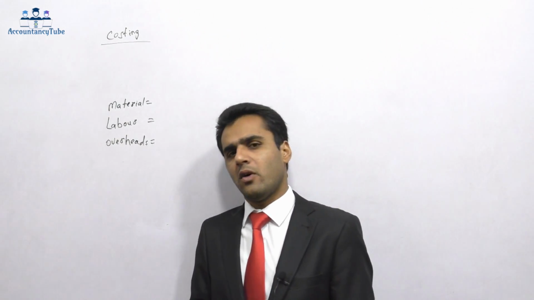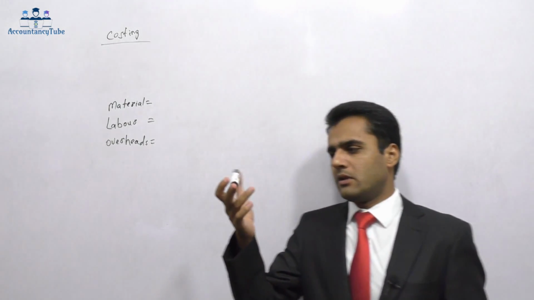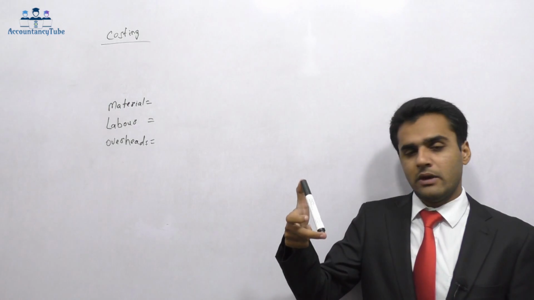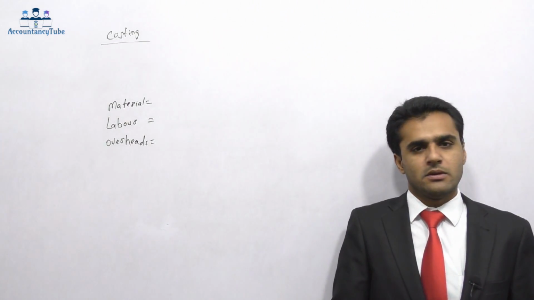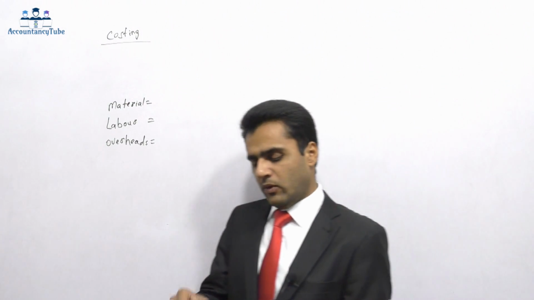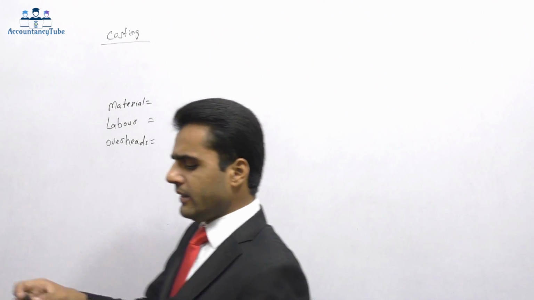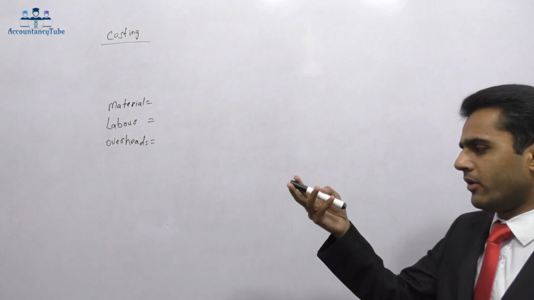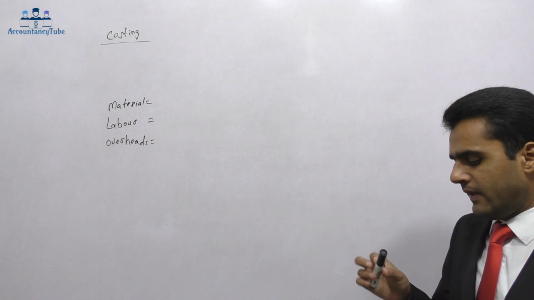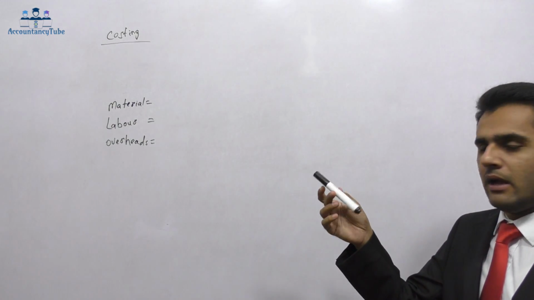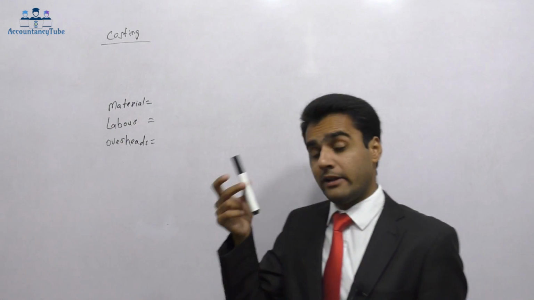Now what is the direct cost? If I ask you, this is a marker, what is the direct cost involved while making this product? I think I would say that the raw material is involved in it. Anything else you can imagine by looking at this product?